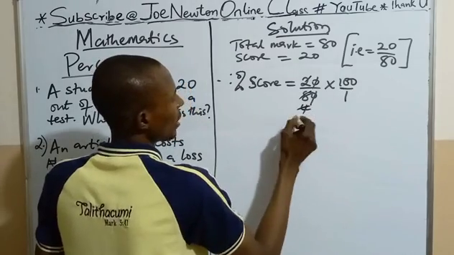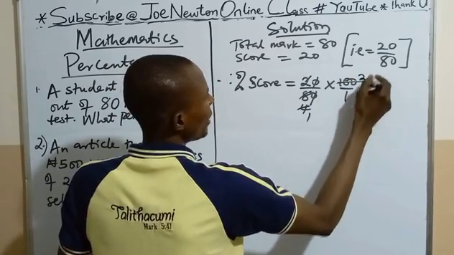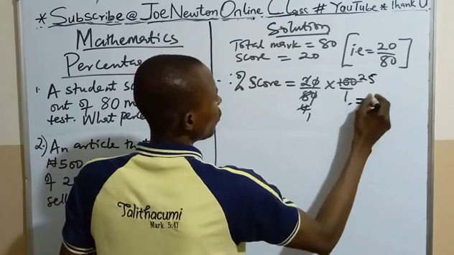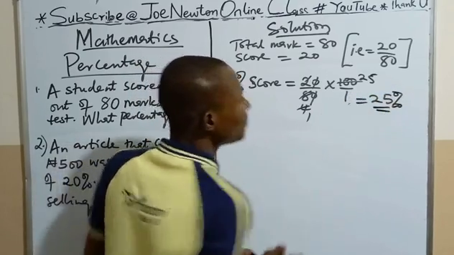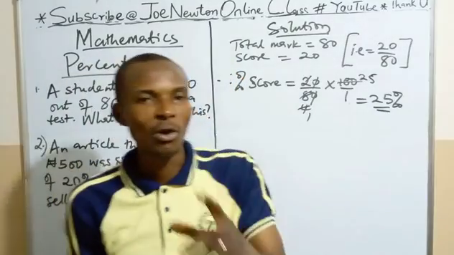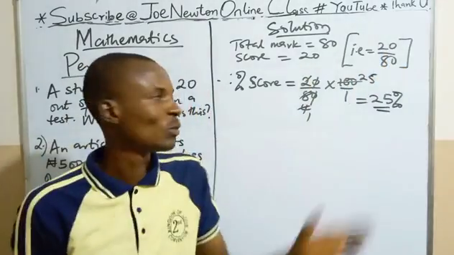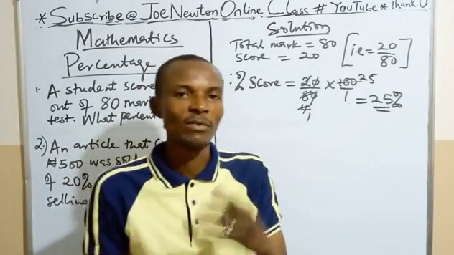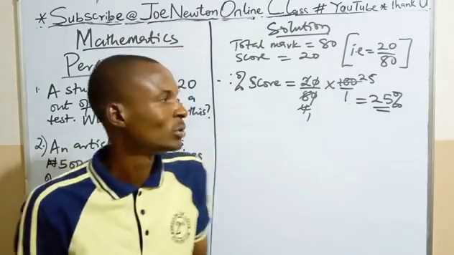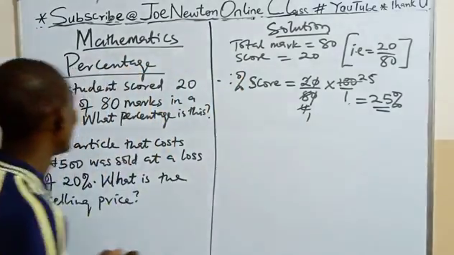Then 4 cancels itself, 1. 100 divided by 4, we have 25. So the answer is 25%. So the percentage score of this student who scored 20 over 80 is 25%. Had the test been rated over 100, the student would have scored 25 over 100. Thank you. Let's look at question 2 quickly.